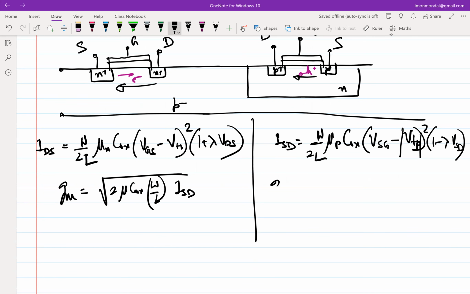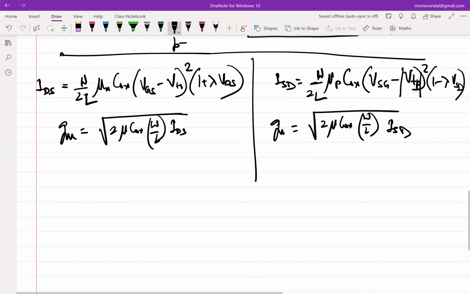Here gm will be the square root of 2 mu Cox W by L times ISD.